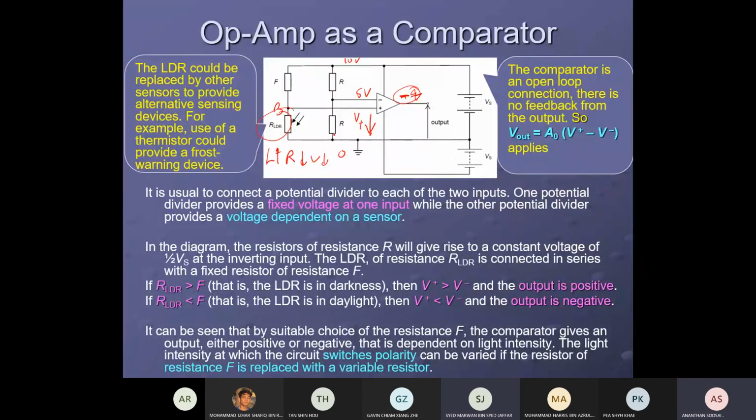Maybe in the night time, light drops, resistance goes up, positive becomes negative, street light will be on. So no need to manually go and switch on and off. Actually, not the sensor alone. The sensor together with the operational amplifier works together to switch the street light on and off. It's an automatic switcher.